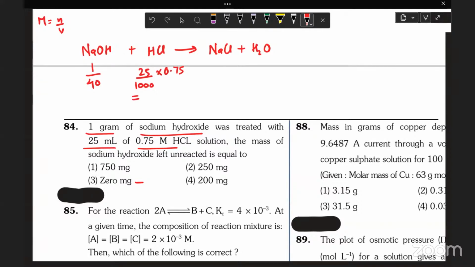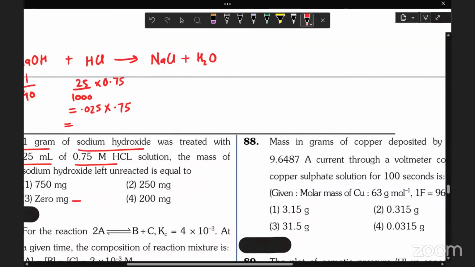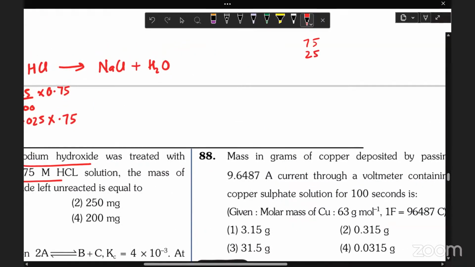If I just calculate these moles, 0.025 into 0.75, so this value will be, let me calculate this, 75 into 25, which comes to 0.01875.